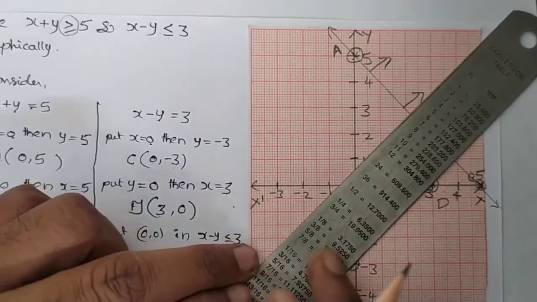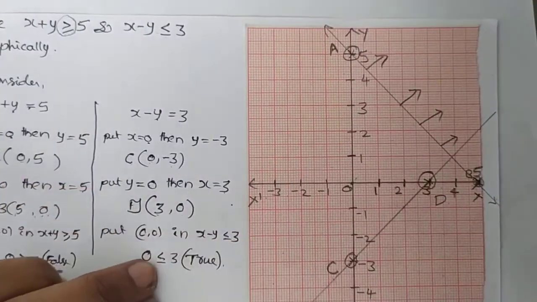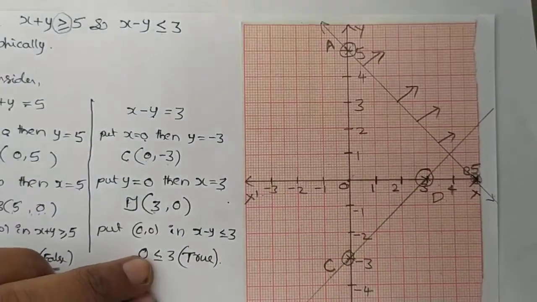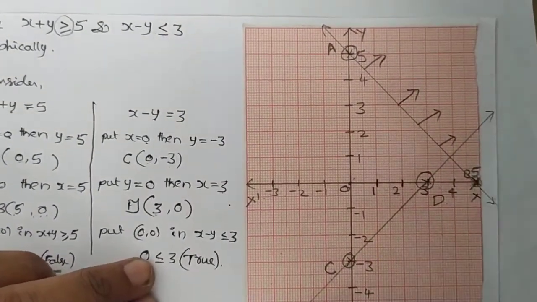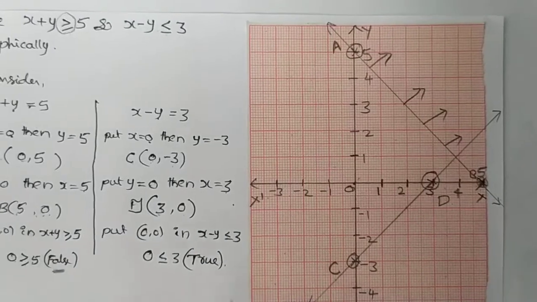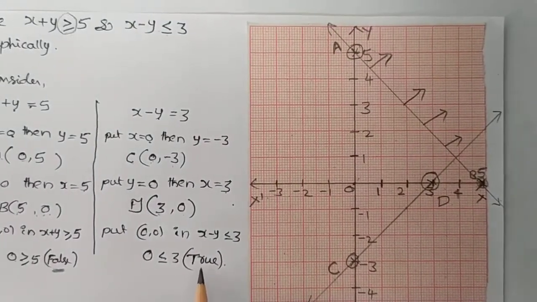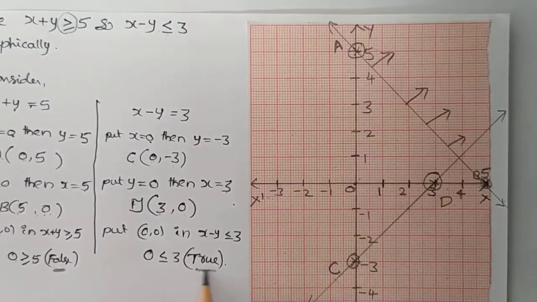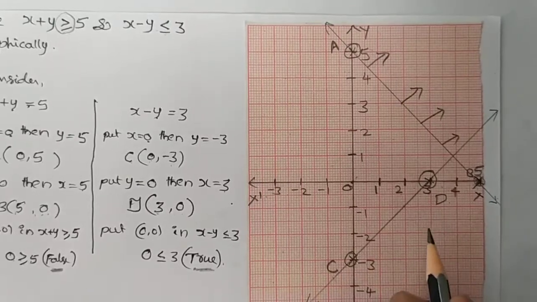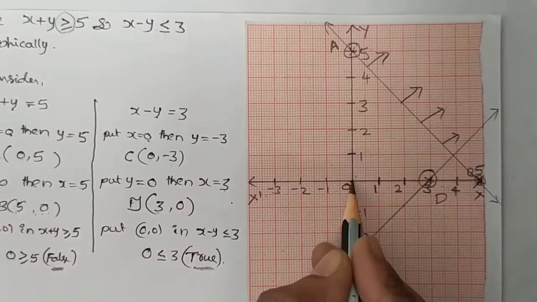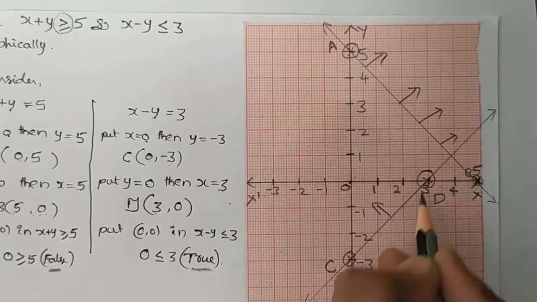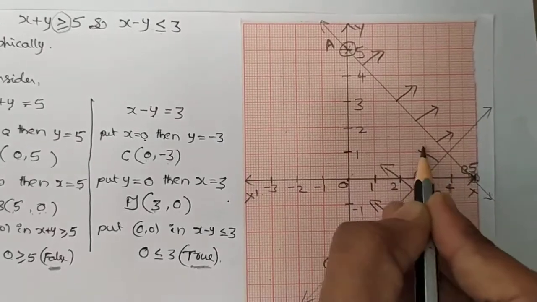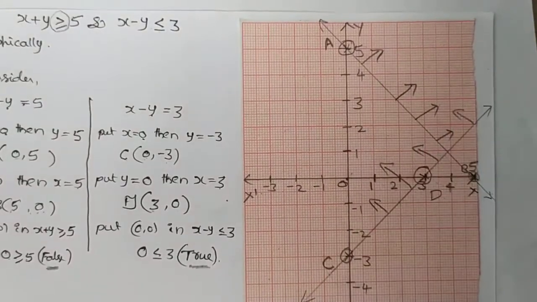Okay, like this you join these 2 points. Now this inequality is giving that it is true. If it is true, we have to shade towards the origin. Here we have the origin, towards the origin, like this we have to shade.